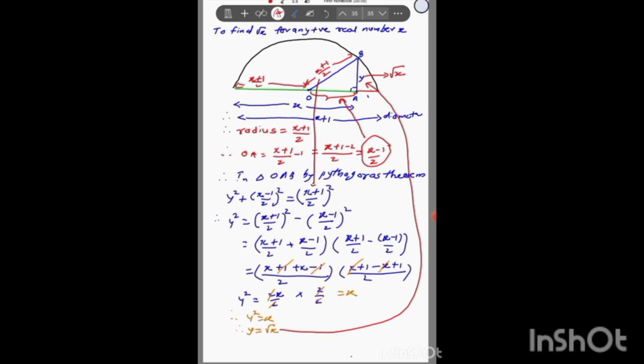So we have geometrically found the root value of any given segment x. So for any given segment we could calculate root x geometrically. So understood? If you have any problem, let me know in the comment box and I shall try to solve it. Okay, thank you.